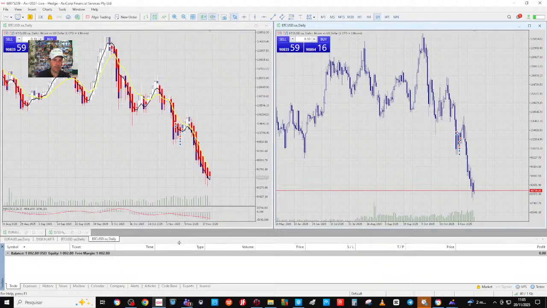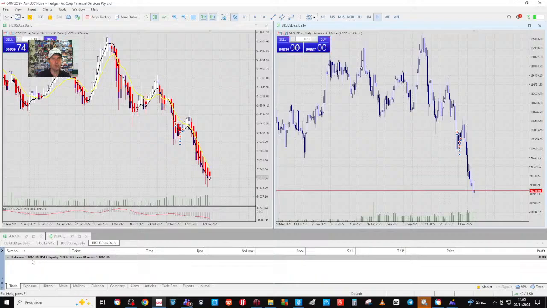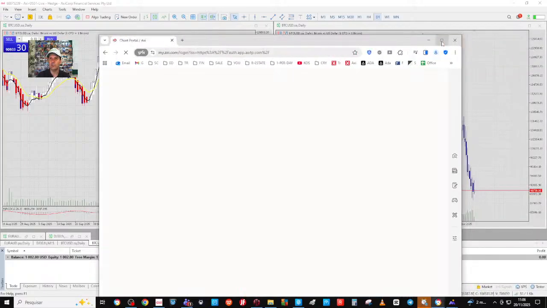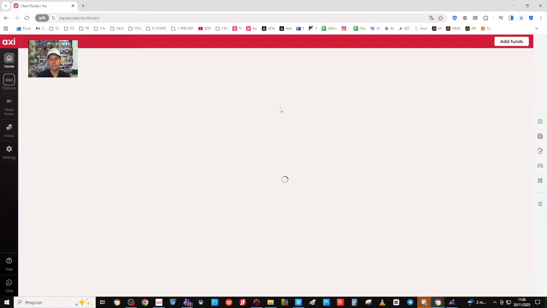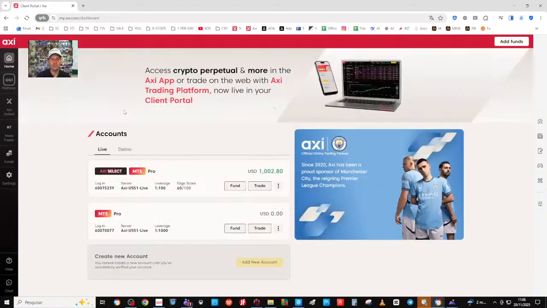So that's the account so far. Oh, Heraldo is up. Heraldo just recovered. We're at $1,002. And by the way, this is the dashboard. Give me a second, everybody. We're testing Axie as a partner.